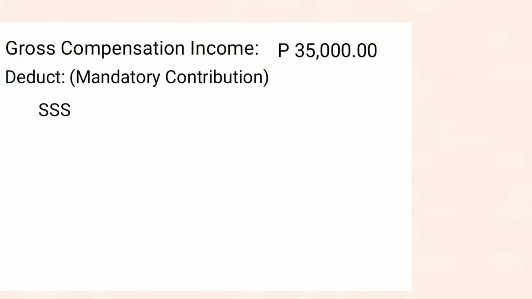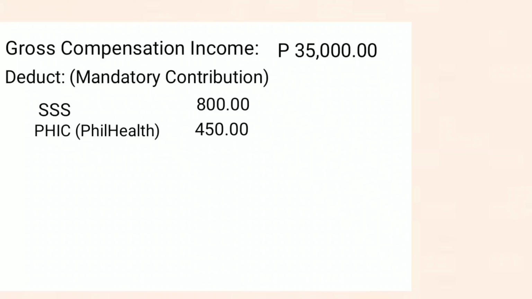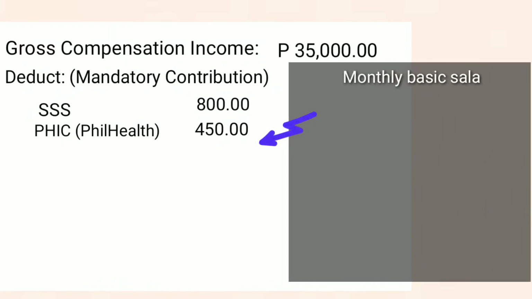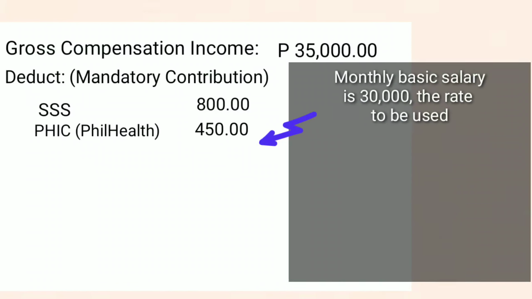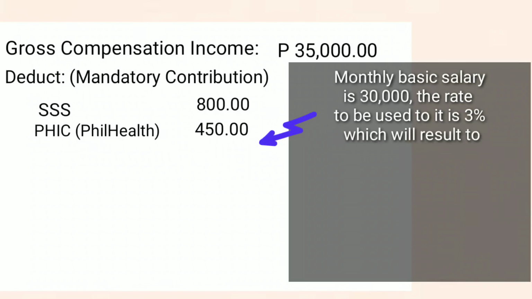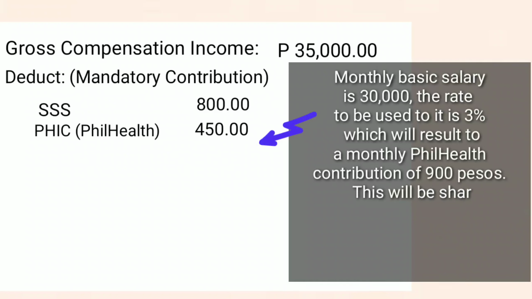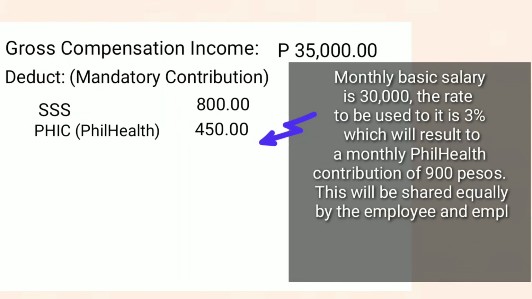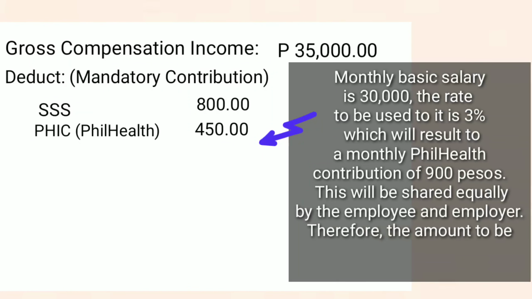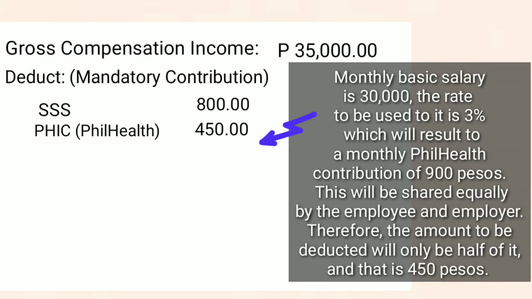For SSS, based on the table, the contribution to be deducted is 800 pesos only. PhilHealth amounts to 450 pesos. Since the monthly basic salary is 30,000, the rate to be used is 3%, which will result in a monthly PhilHealth contribution of 900 pesos. This will be shared equally by the employee and employer. Therefore, the amount to be deducted will only be half of it, and that is 450 pesos.